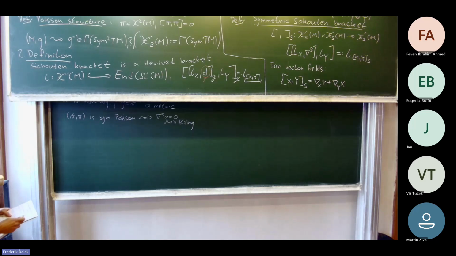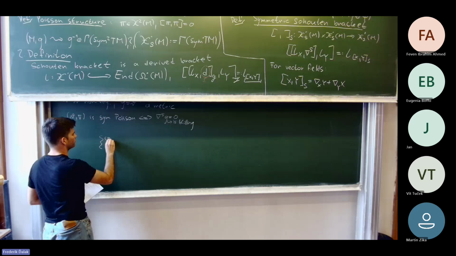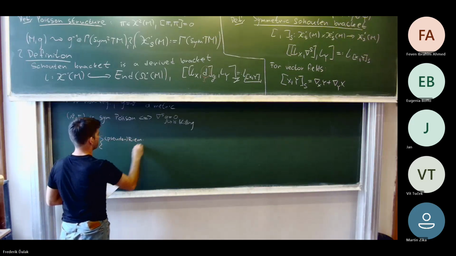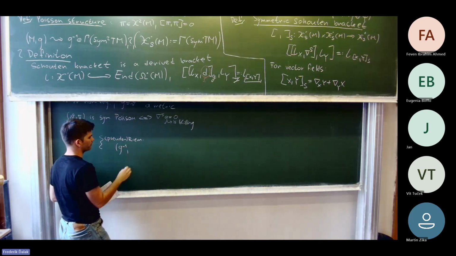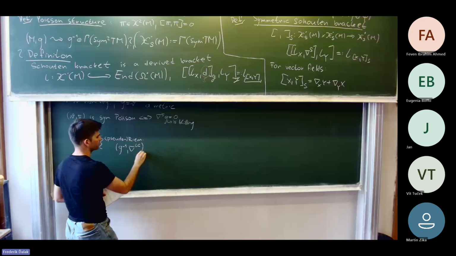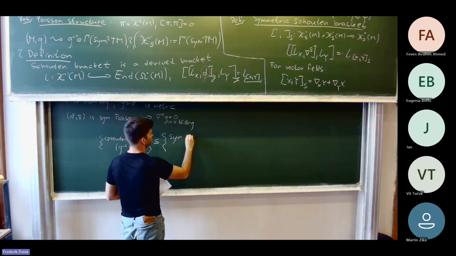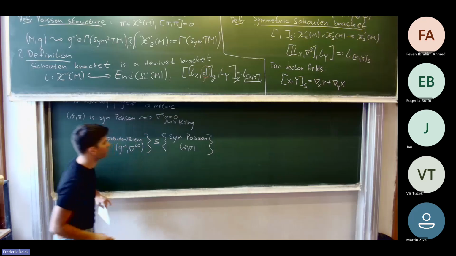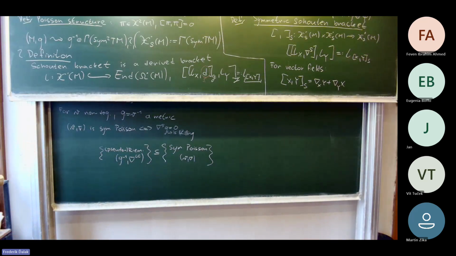So now, having this, we know that any pseudo-Riemannian metric can be seen as a symmetric Poisson structure, because I can take the inverse of my metric and deal with a connection, and these are actually inside symmetric Poisson, which is good, because this is what we wanted, right? We wanted to somehow find a theory that would extend pseudo-Riemannian geometry in some natural way.